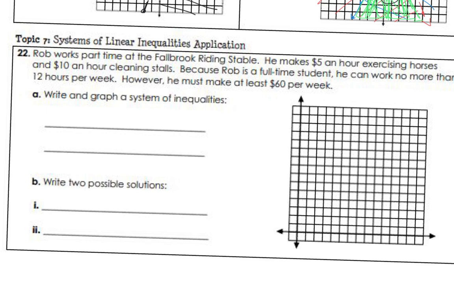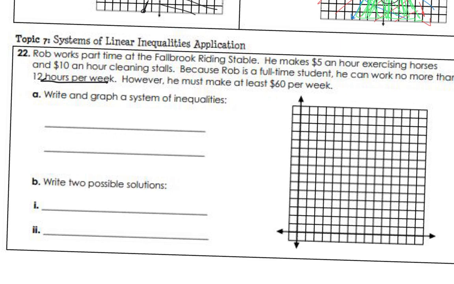All right, so we've got a system of inequalities. One of them is dealing with how many hours he can work. The other one is dealing with how much money. So let's talk about the hours first. He can work no more than 12 hours.